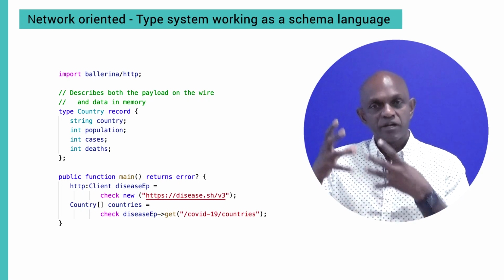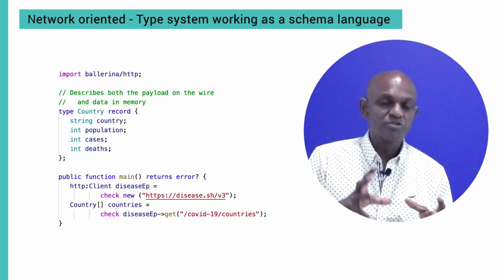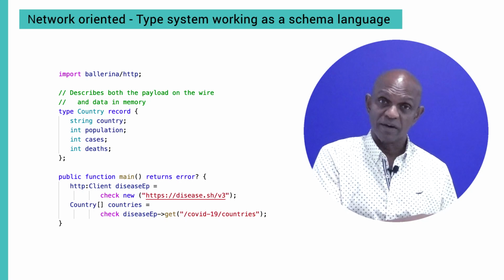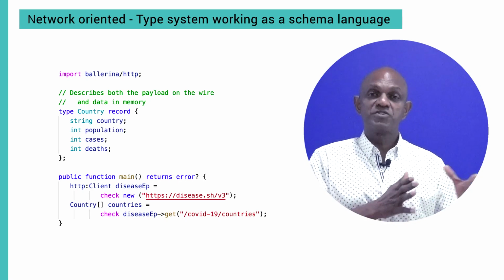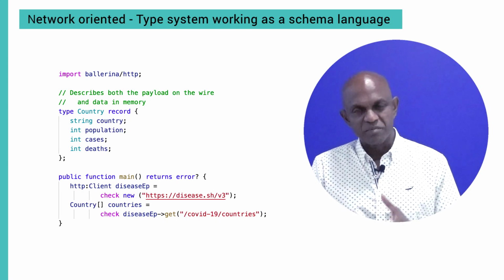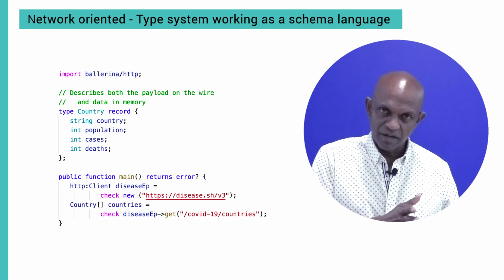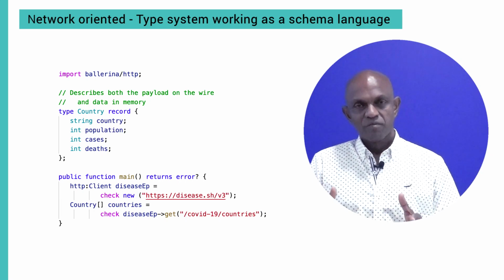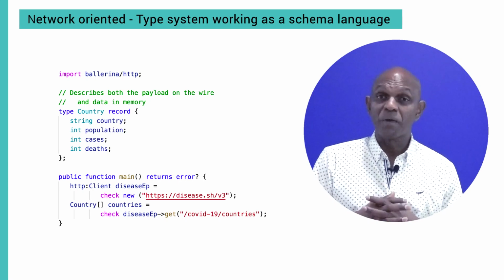the parts of it related to defining data are all capable of describing not just data in memory, but also data on the wire. In particular, we've done a lot of work to align that very closely with JSON, as well as XML and various other formats. So if I have a piece of data that comes over the wire, I can bring it into the language without any artificial, complicated data binding concept.